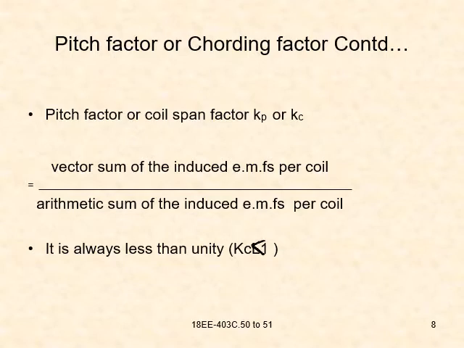It is not L; instead of L, you just make it as the less than symbol. This value is always less than unity. Unity means 1. So Kc or Kp is less than 1.